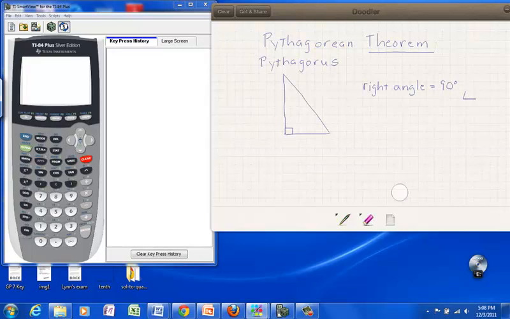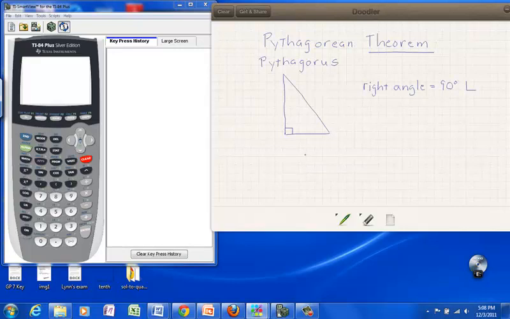Oh, that doesn't look very good. Let's try that again. So if I follow this box here, that creates a right angle, which is why we often put a little square in it so you can tell which one of these angles I mean to be the right angle. So a triangle can have only one right angle, and so if you're doing the Pythagorean theorem, there needs to be a right angle in the triangle that you're working with.